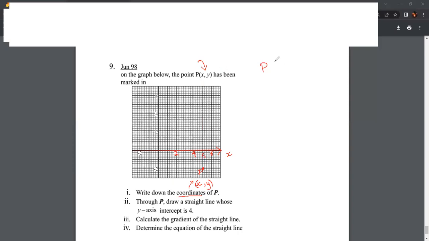So my x value, which goes first, is 5. And then my y value, if I look here, it's in line with -2. So my coordinates of P will be 5, -2.